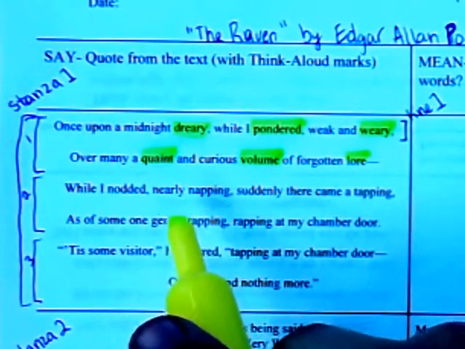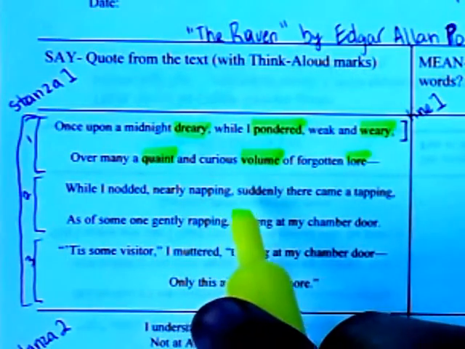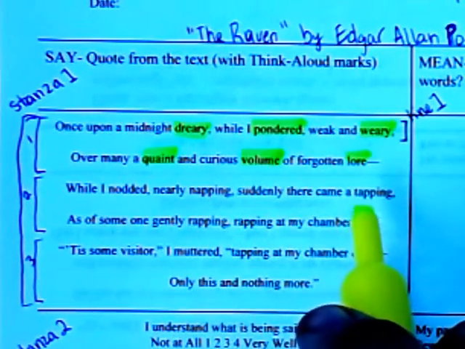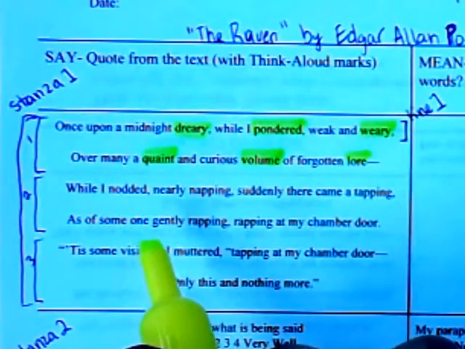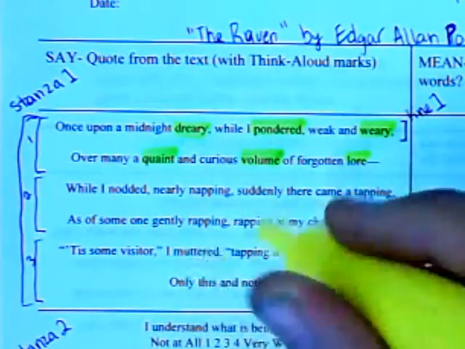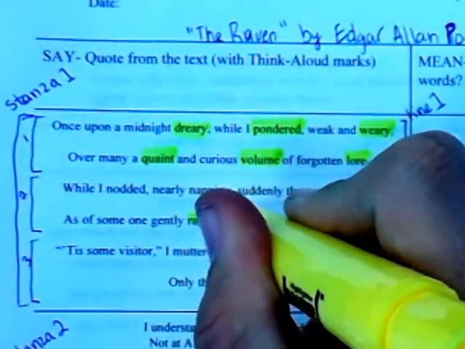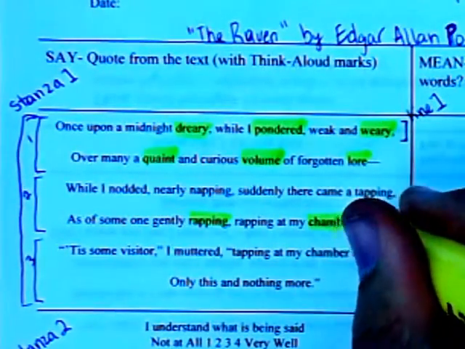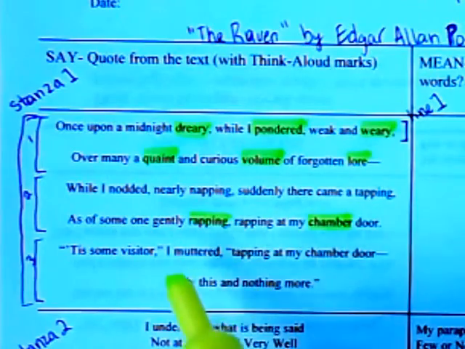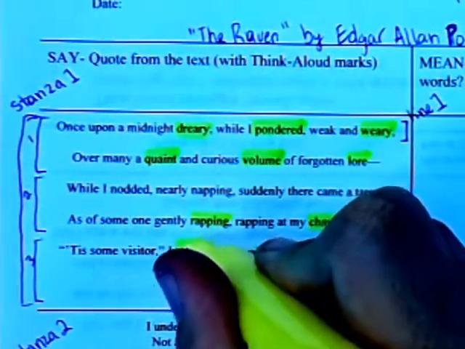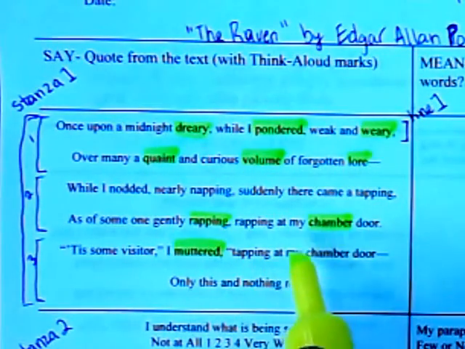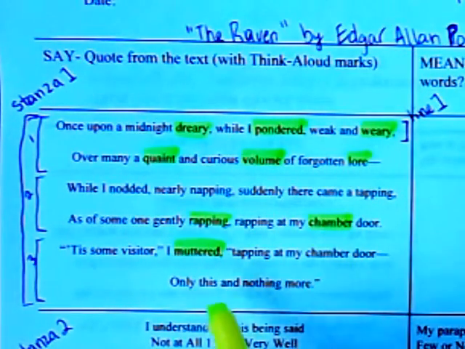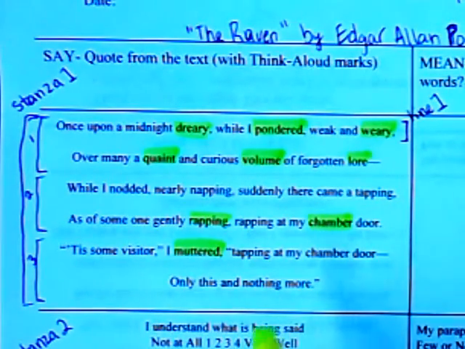While I nodded, nearly napping, suddenly there came a tapping, as of someone gently rapping at my chamber door. "'Tis some visitor," I muttered, "tapping at my chamber door, only this and nothing more."